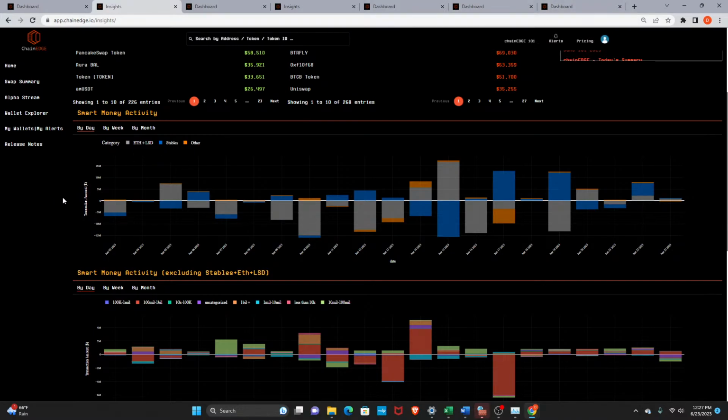And the idea is when stables are going out, that is net accumulation, right? Because if stables are flat, all a person on chain is doing is trading ETH or staked ETH into something else.